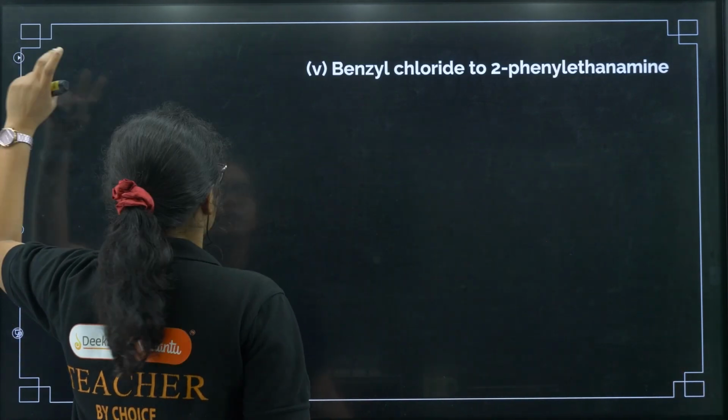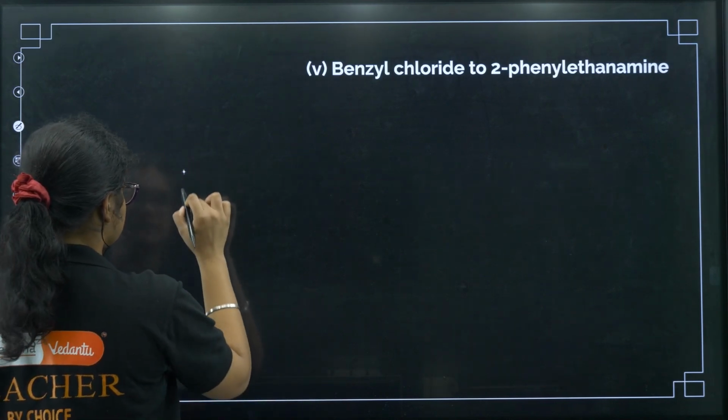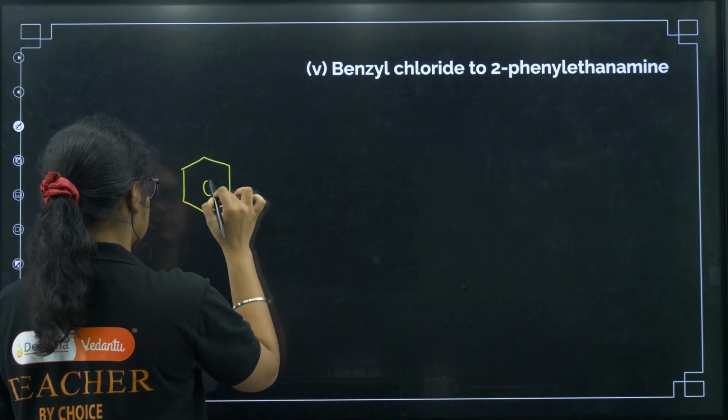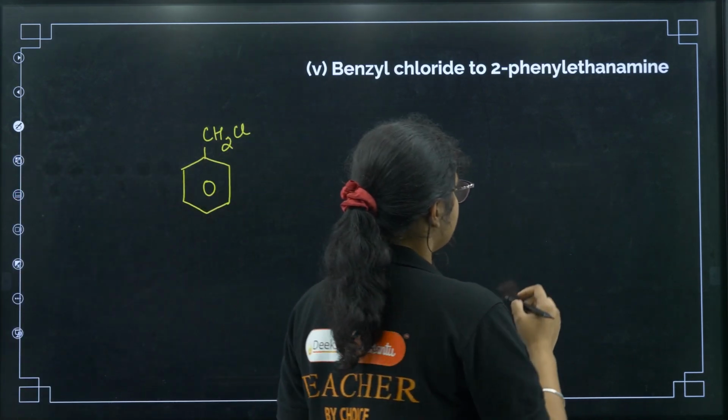Okay, next is benzyl chloride to 2-phenylethanamine. So it is benzyl chloride, then you have 2-phenylethanamine.